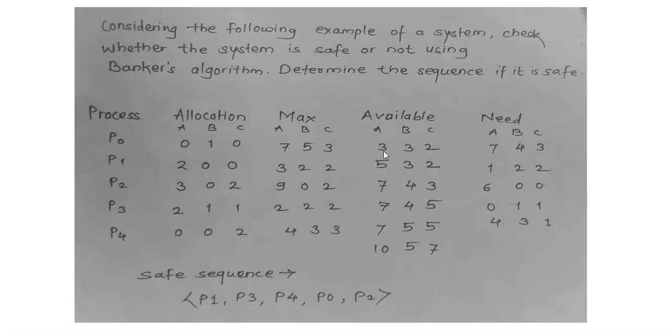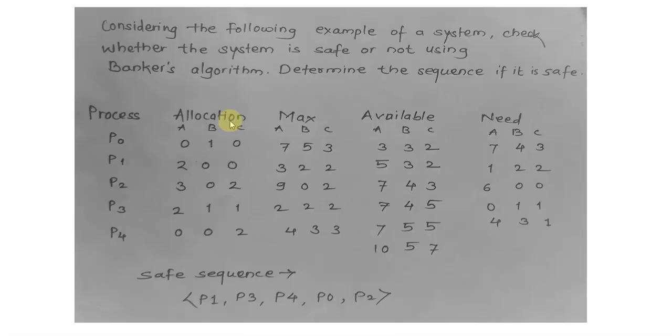Now currently 332 resources are available in the operating system. Now we are going to find out the need of the process. We have just discussed how to calculate the need of the process: maximum minus allocation.